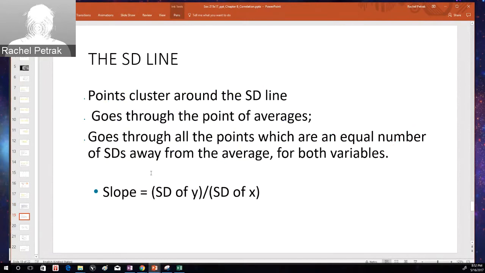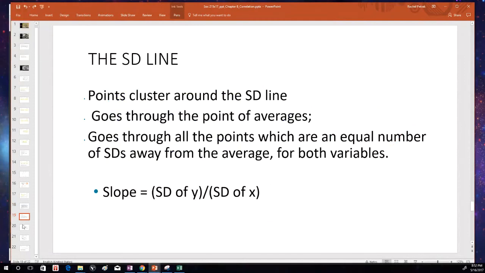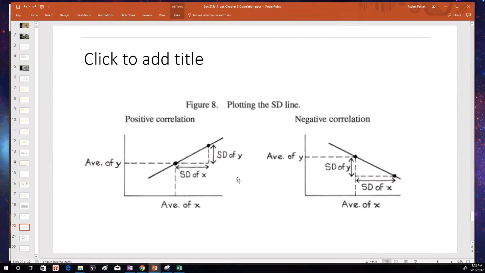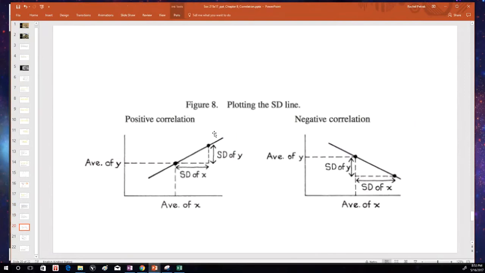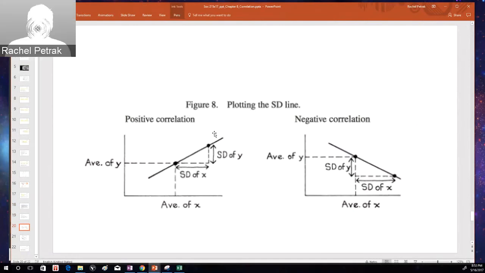So we're going up by 1 standard deviation of y per standard deviation of x. So when we're plotting the SD line, we get the average, the standard deviation of x and y, and as you see, they can be used just like the rise and the run. It doesn't matter if you're looking at a positive or negative correlation.